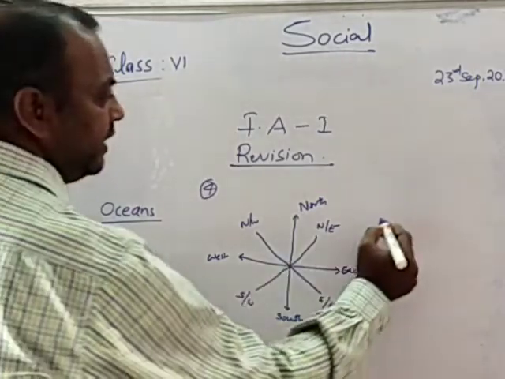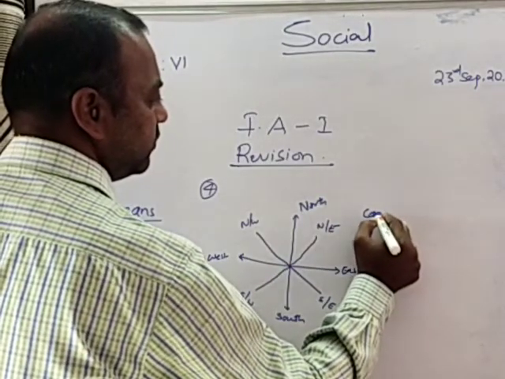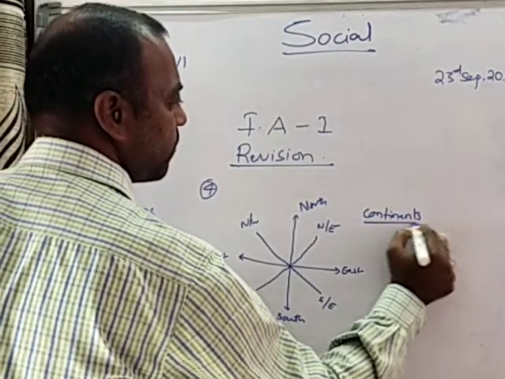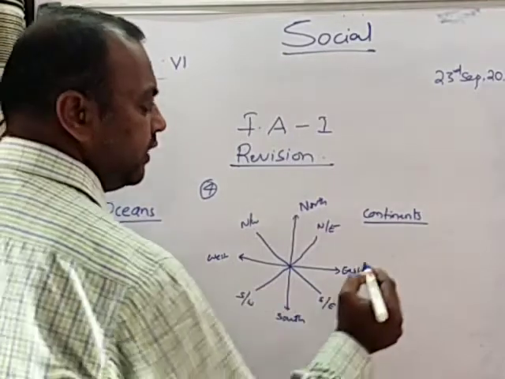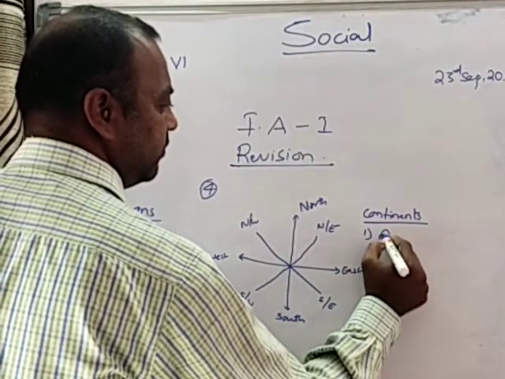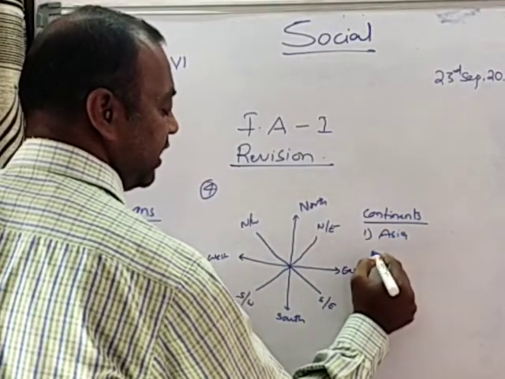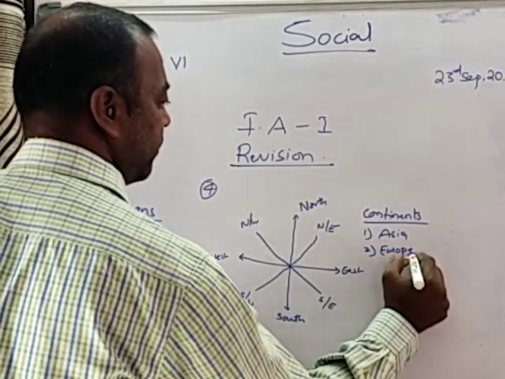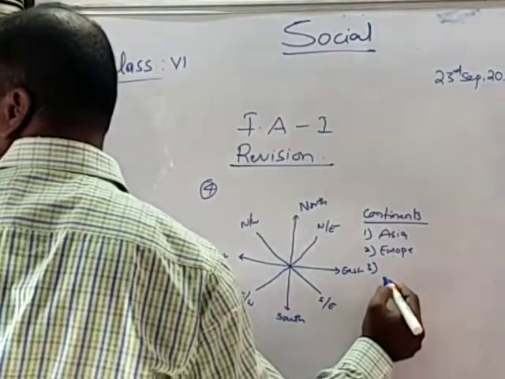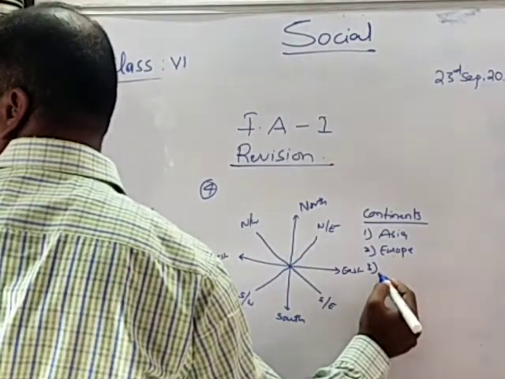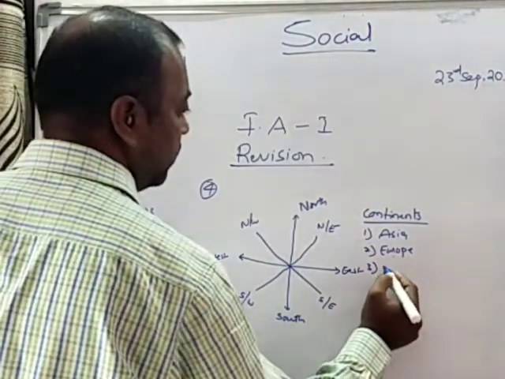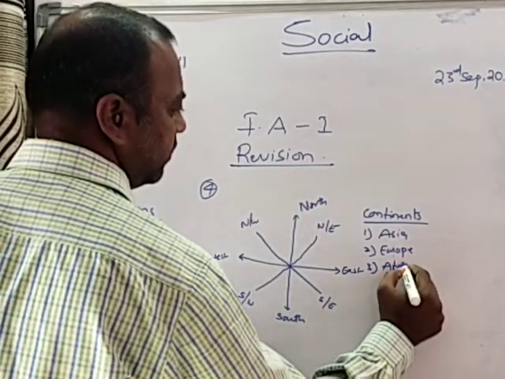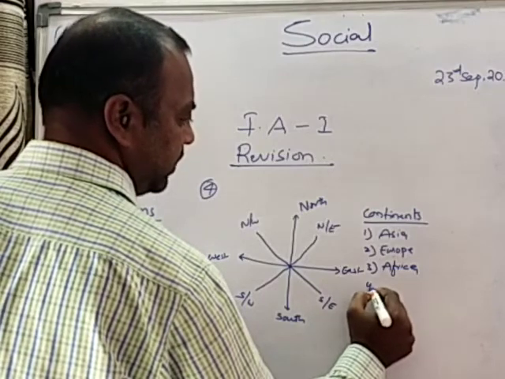Then how many continents are there? There are 7 continents. The biggest one is Asia, the largest one is Asia. Second one is Europe. Third one is Africa. And fourth one is Australia.